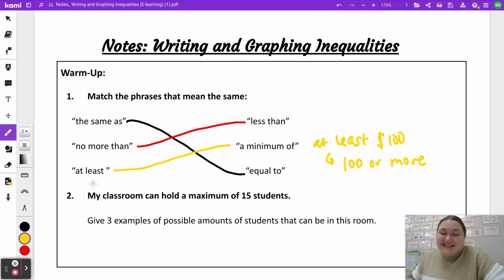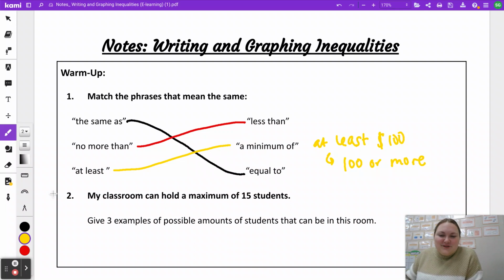Those words at least can be tricky because you see least and it looks like the word less, but it actually means the opposite. Least would mean we're talking about numbers greater. Again, this is going to be good practice for these next 3 lessons, today's and the next 2, where we're using inequalities to help us represent and solve problems.